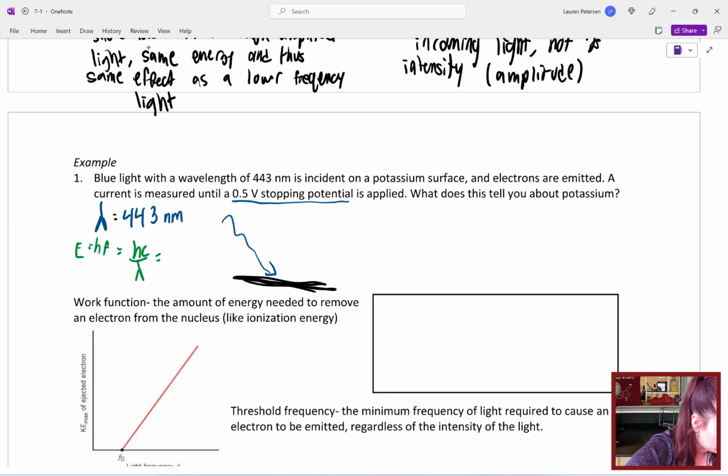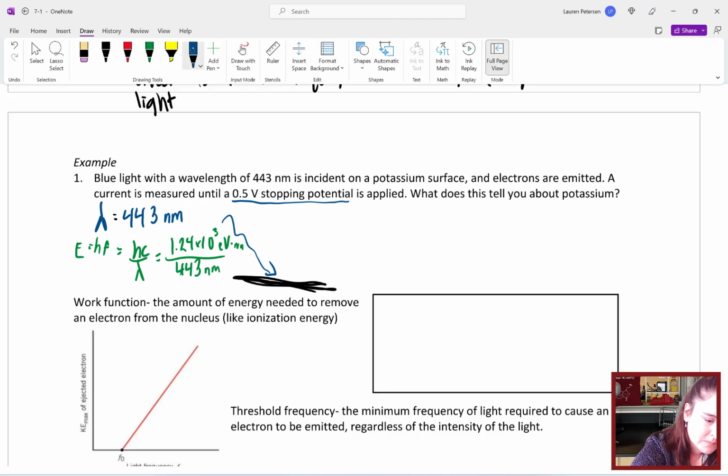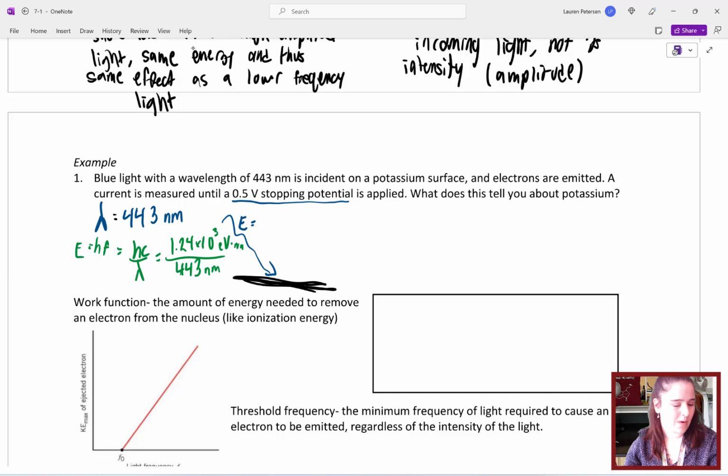Plugging in the numbers, hc in terms of wavelength is 1.24 times 10 to the third electron volts per nanometer, divided by 443 nanometers, tells us that the energy of this incoming wave is 2.799, so 2.8 electron volts.